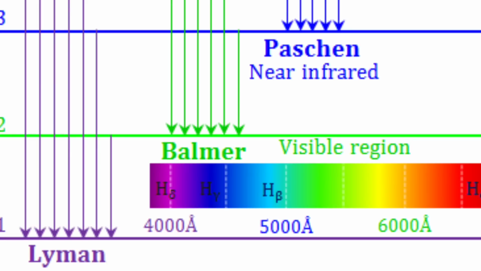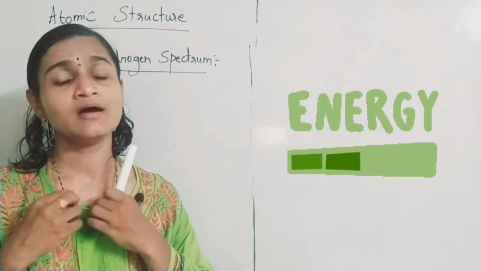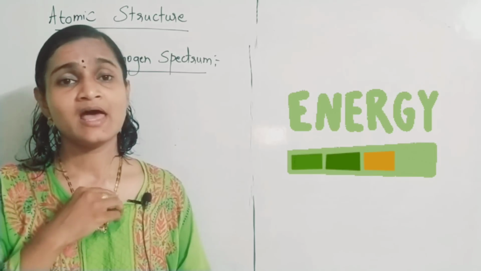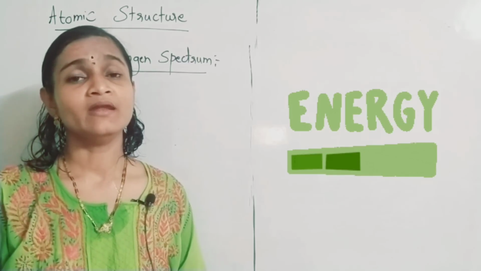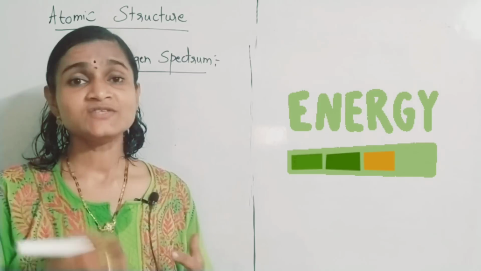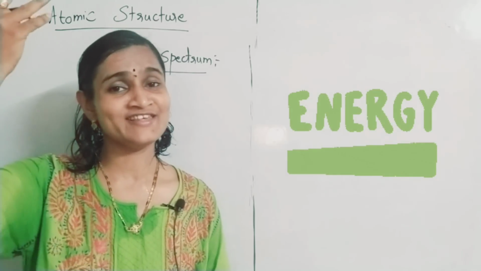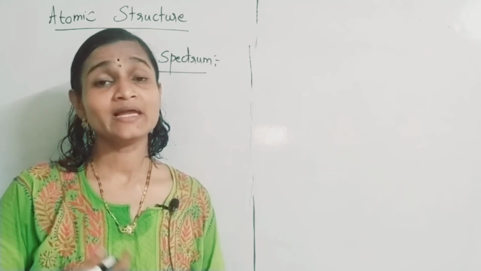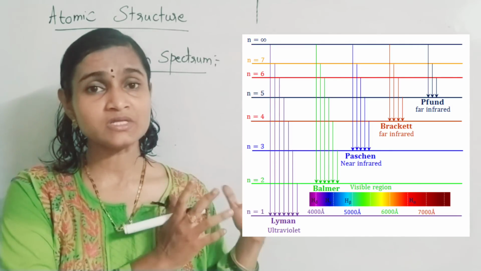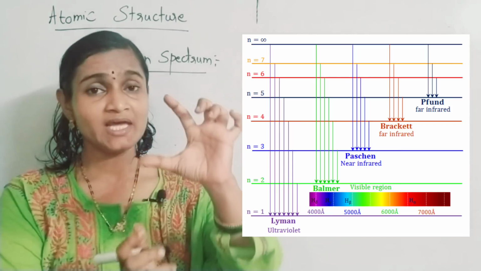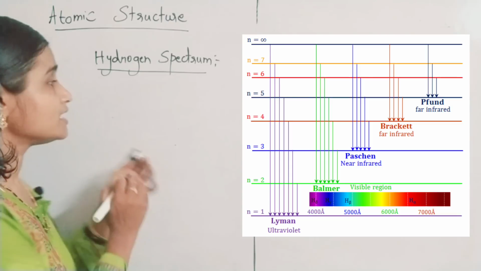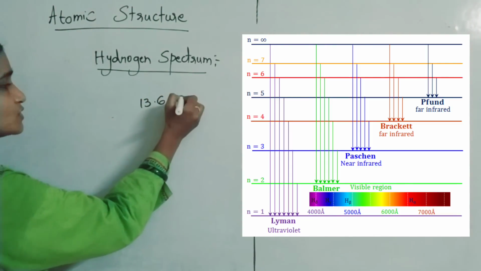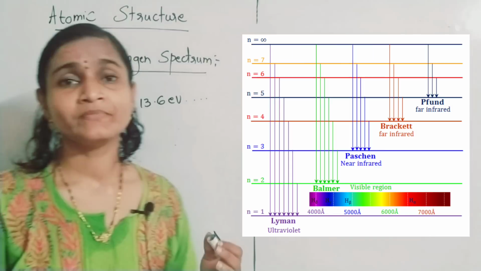If 13.6 electron volts of energy is provided to a hydrogen atom, if you take a sample of hydrogen gas and heat it by supplying 13.6 electron volts of energy, then the electrons present in the hydrogen atom go to higher energy levels, as we already discussed.